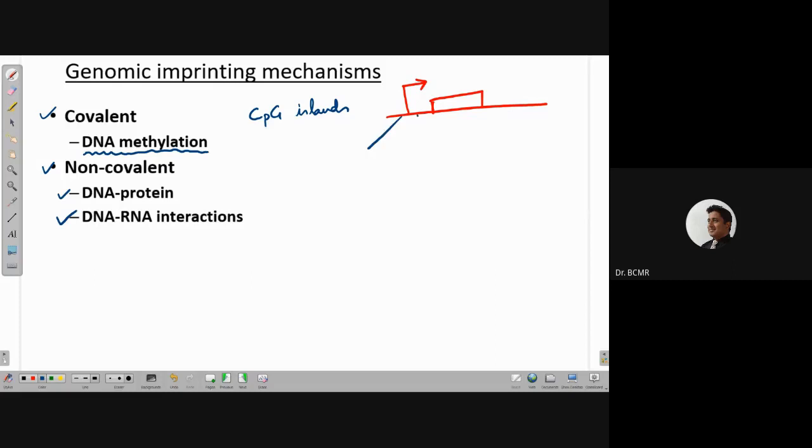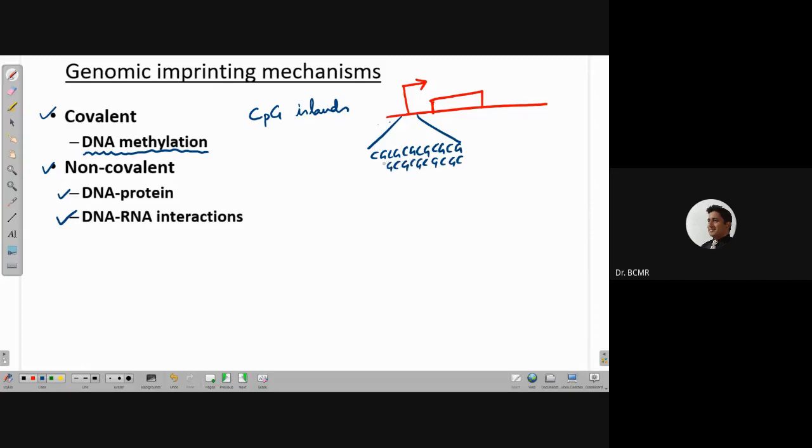If I have to blow it up, they are rich in CG, like this. You have multiple copies or repeats, CG repeats. They can span hundreds, sometimes even thousands. So those are called CpG islands.